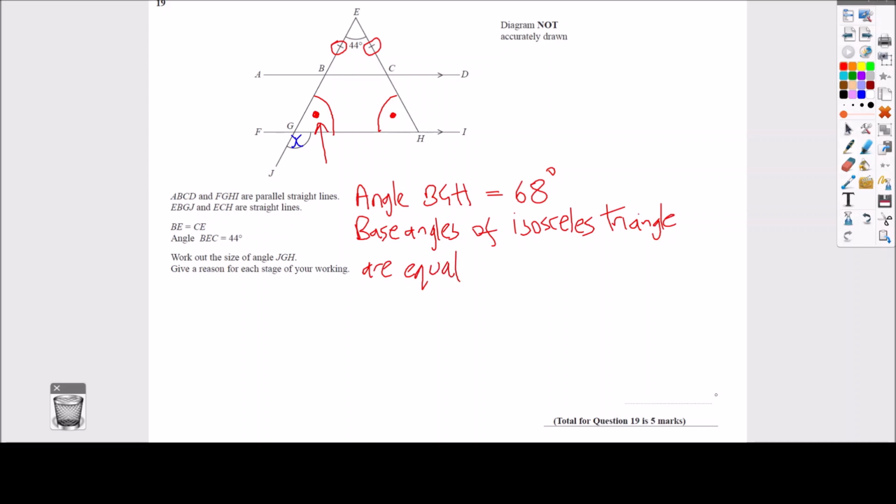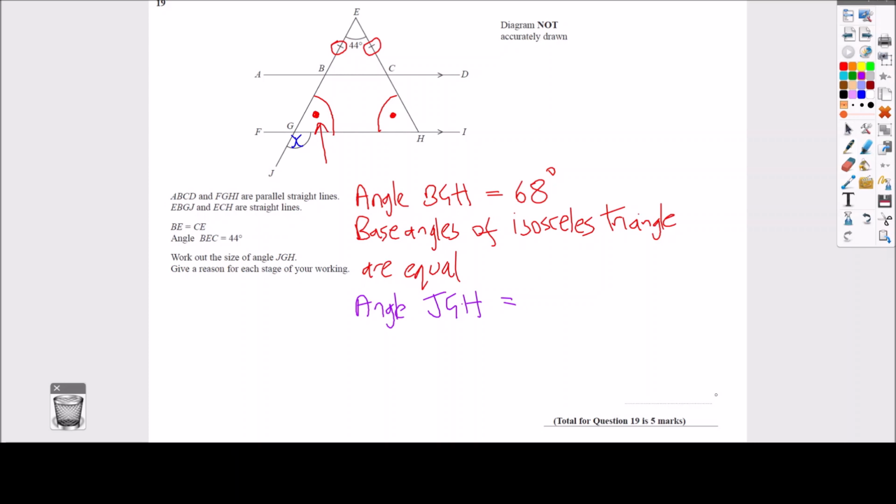Now, once you've done that, you're almost there. So the angle that we want to work out, this angle J to G to H, well, angles on a straight line add up to 180. So angle, let's change color for this one. Angle J to G to H equals 180 take away 68.